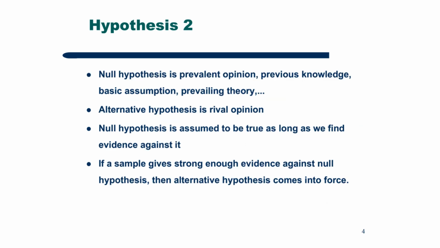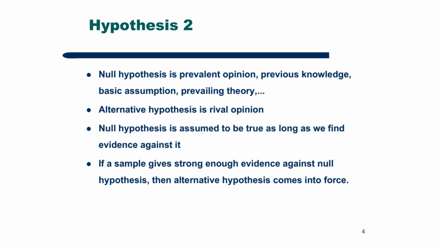The slide presents key concepts regarding hypotheses in research. Here's a summary of the main points. Null hypothesis. This represents a prevailing opinion or established theory in research. It serves as a starting point that assumes no effect or difference. Alternative hypothesis. This is a rival opinion that suggests there is an effect or difference. Evidence against null hypothesis.